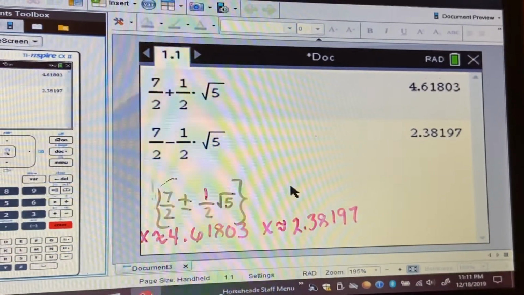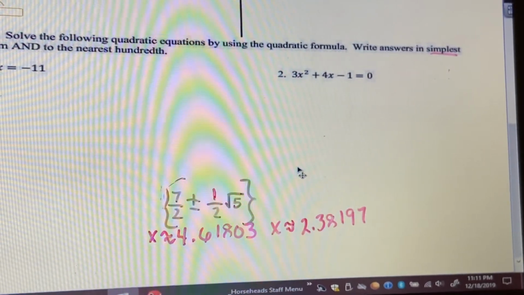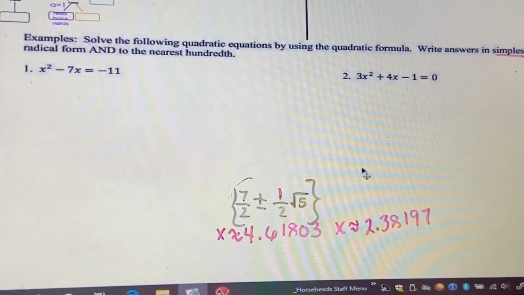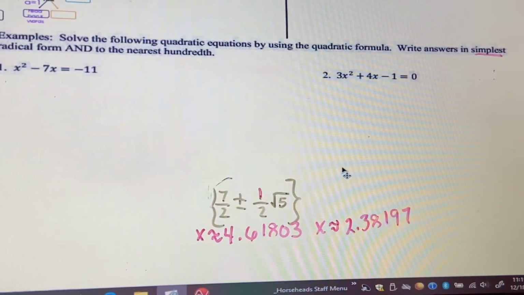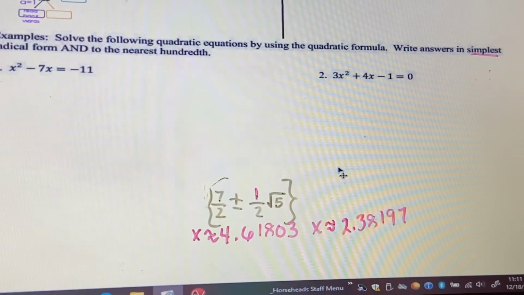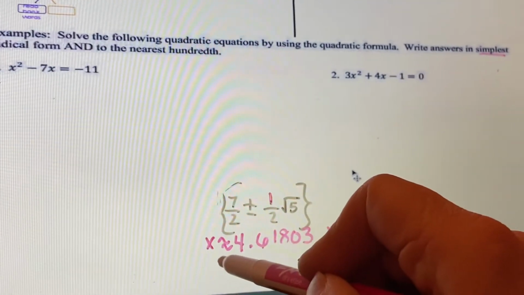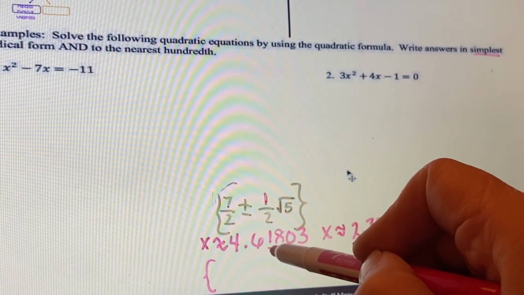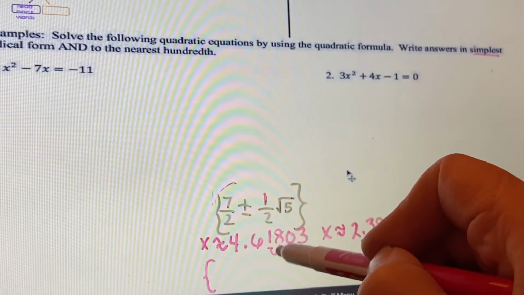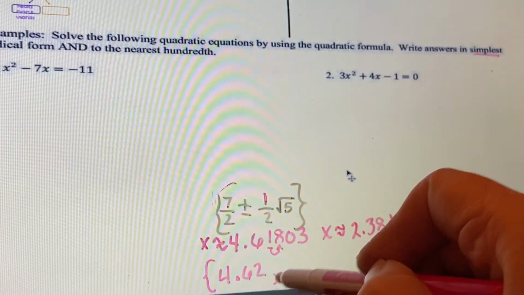38197. If I go back to my problem, it said write in simplest radical form. We did that, and to the nearest hundredth, which we said earlier was 2 decimal places. So now I'm going to write this in my solution set. Does that 8 turn this into a 2? 4.62.